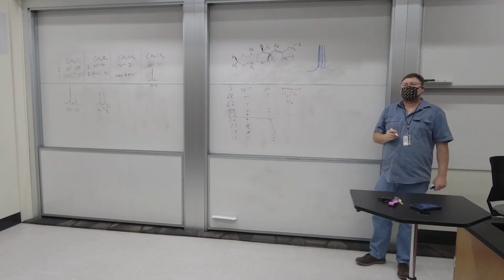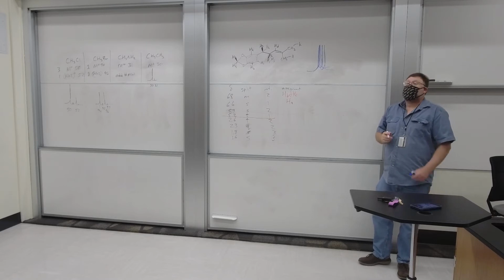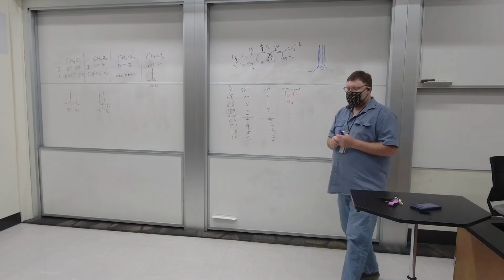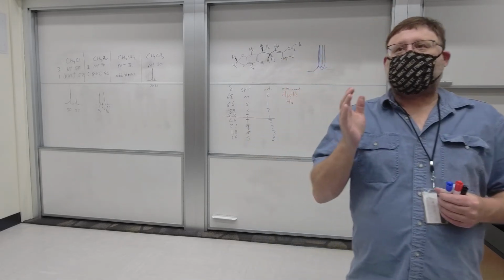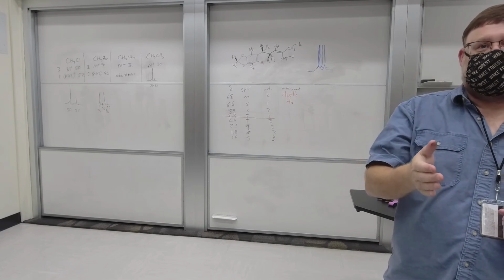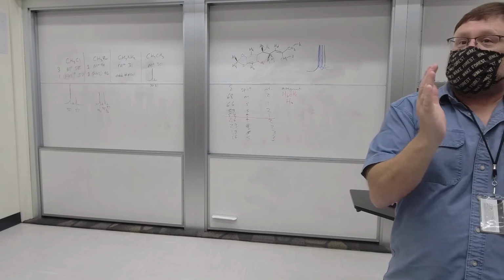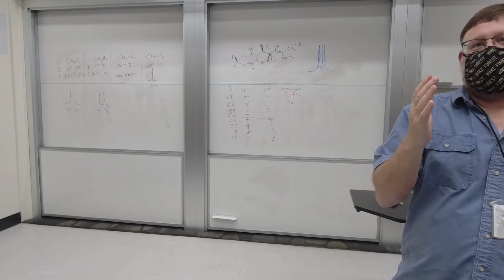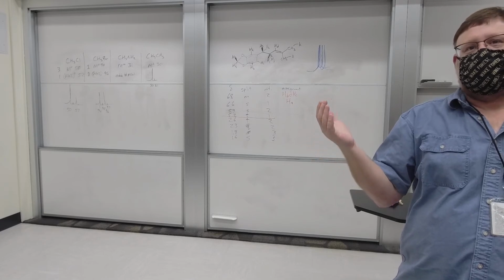Sorry. The B and C, are they magnetically equivalent since they give the same signal? No, it's a good question, and one that comes up a lot. Magnetic equivalence means they give exactly the same signal, right? And so then it wouldn't be a multiplet. They're not exactly the same. 6.8, really one's probably 6.84 and the other one's 6.82, right?